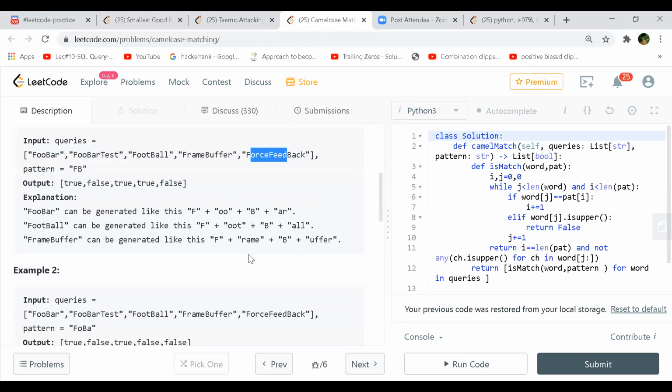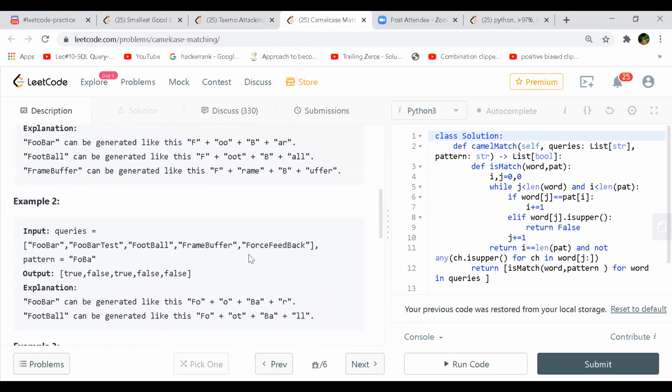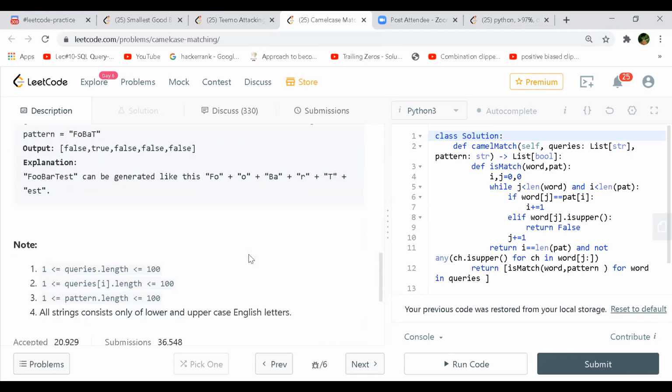Also, I think the input query won't be... okay, so you can insert only the lowercase letters, right?